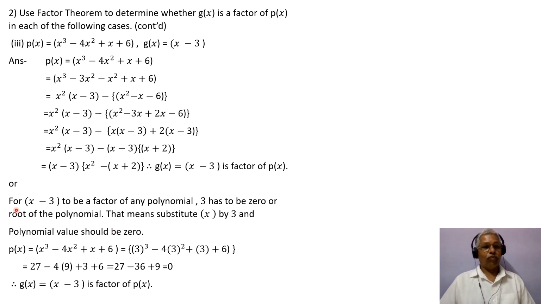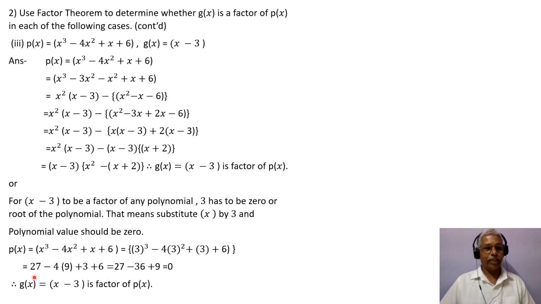So for x minus 3 to be a factor of the given polynomial, 3 has to be 0 or root of the polynomial. So we have to substitute x by 3. I am substituting it. Px is all this. Then substituting 3 cube minus 4 into 3 square plus 3 for x plus 6.